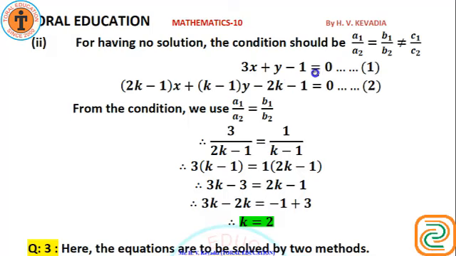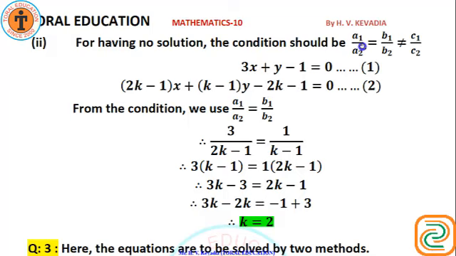3x plus y equals to 1, but I have taken it here, so it is minus 1. Second equation is 2k minus 1 into x, k minus 1 into y, and this is on the opposite side of equals to, but I have taken it to the left side, so signs have been changed.